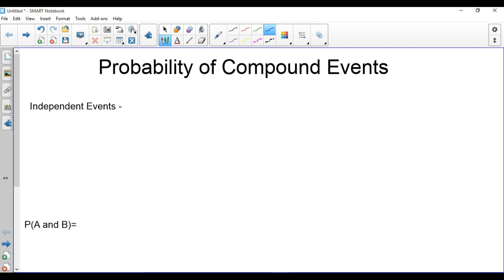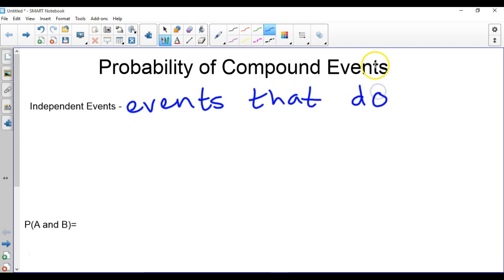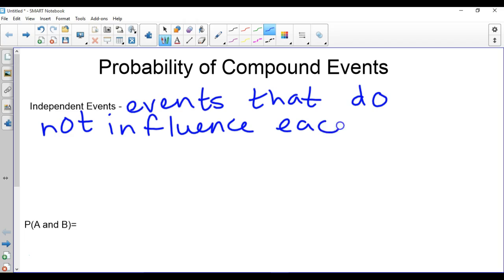So independent events are events that do not influence each other. So that could be like rolling a dice. The first dice roll would not affect what's going to happen when you roll the dice a second time. Or like flipping a coin.